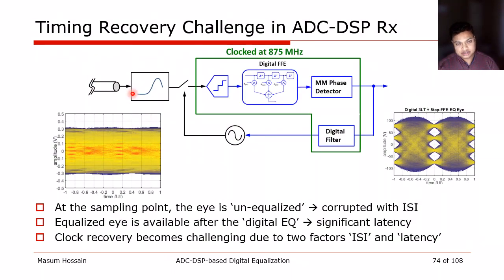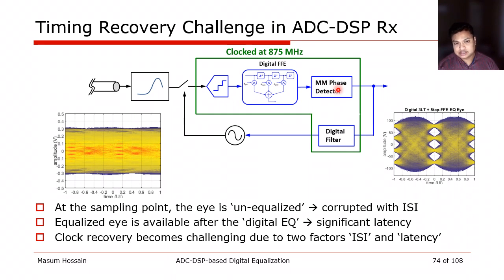Whichever approach we accommodate, this is what the structure with ADC DSP solution looks like. Note that after we digitize, we move into a sub-rate clock, which most of the time is synthesized at 875 megahertz in 16 or 10 nanometer nodes. Then we actually go through an equalization before we can do the phase detection.